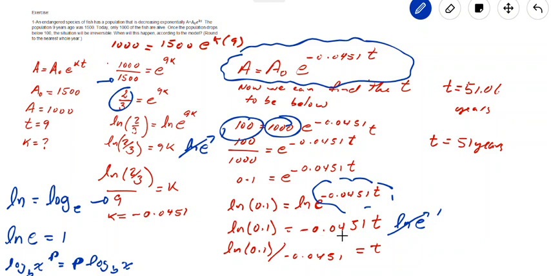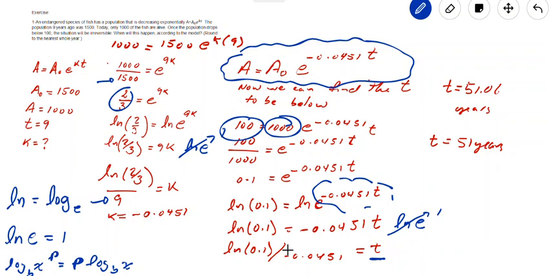So now we have negative 0.0451t on the right side. I will divide by this negative 0.0451 to isolate t. So I get the natural logarithm of 0.1 divided by negative 0.0451. The natural logarithm of a number between 0 and 1 is negative, so I'm expecting a negative number here, and negative over negative is going to be positive. It makes sense because the time has to be positive, right?